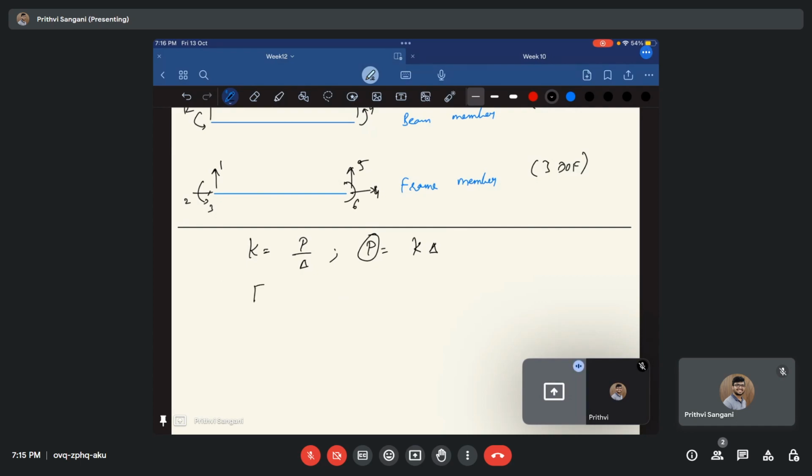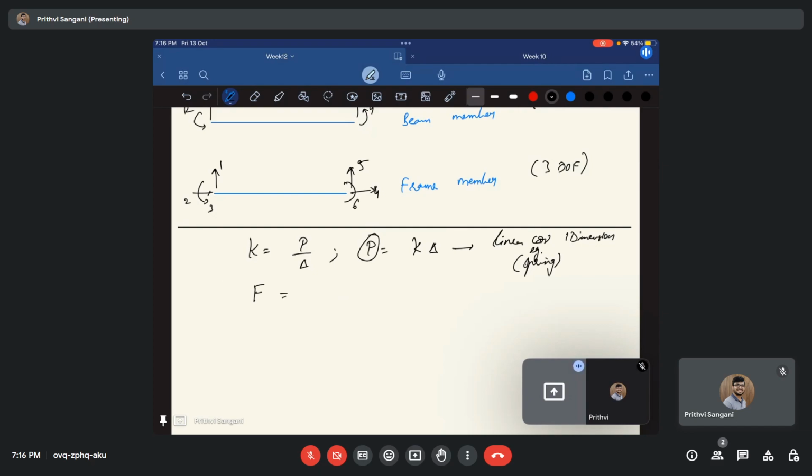So let us say, again, this is for linear or one dimension, which is like a spring. For a spring, for example. But the same can be applied for a beam member, a frame member, or a truss member also.